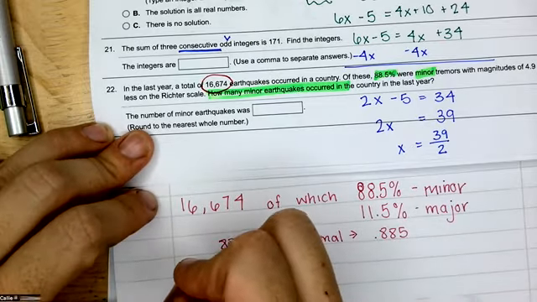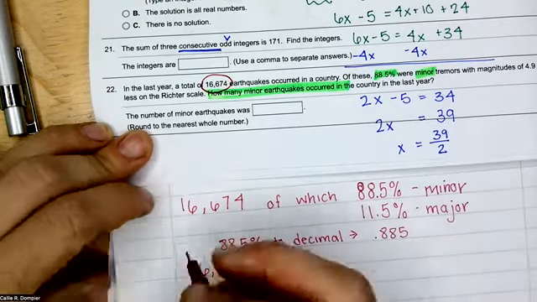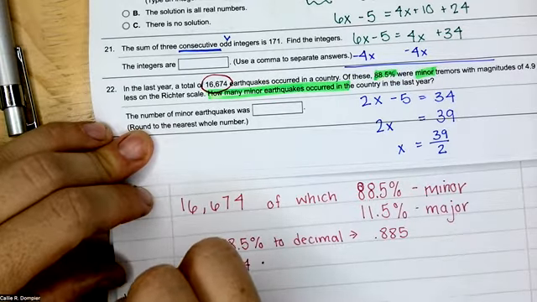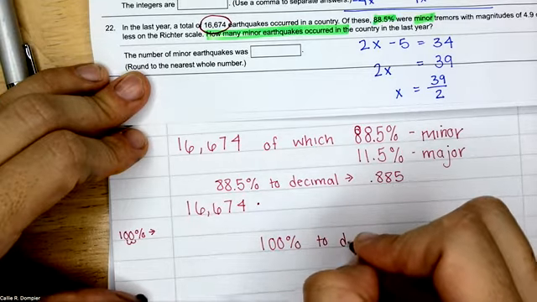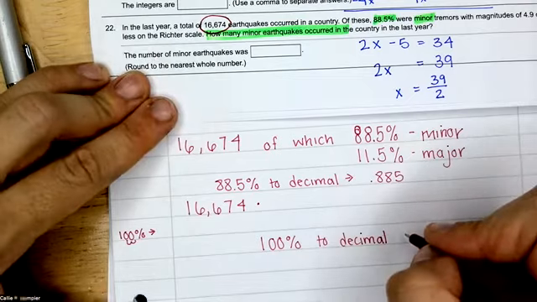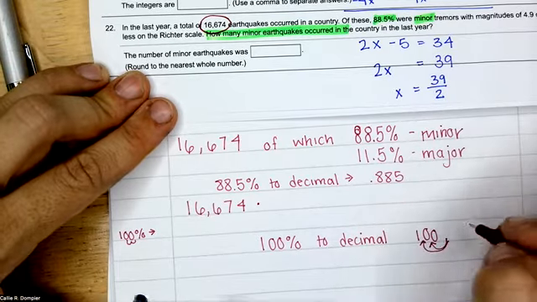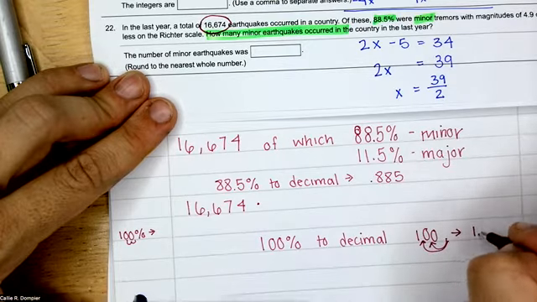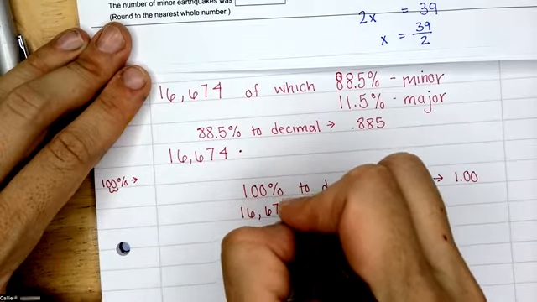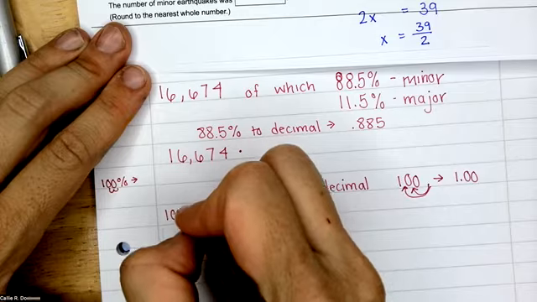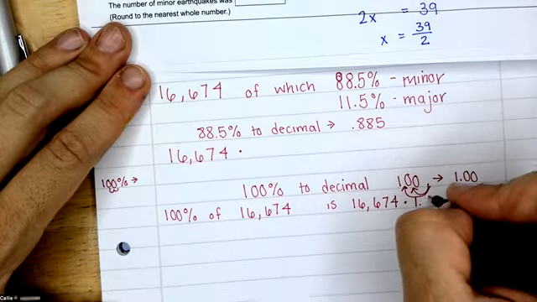So we're going to say 16,674 times, because if it was 100%, the decimal for 100% is you just move the decimal place to the left 2, so 1.00. So 100% of 16,674 is 16,674 times 1.00.